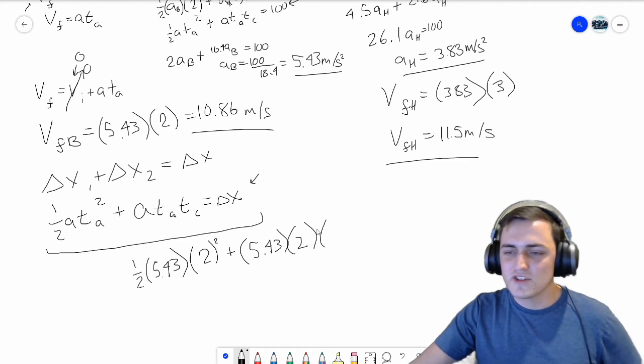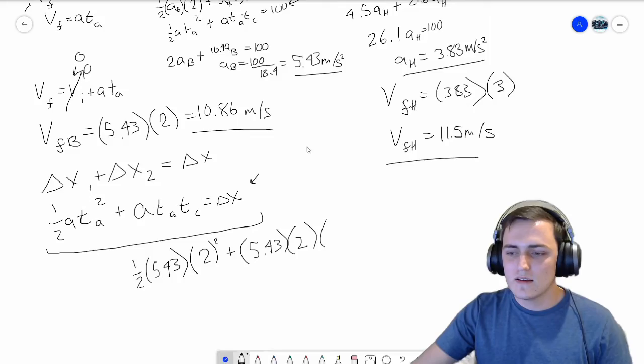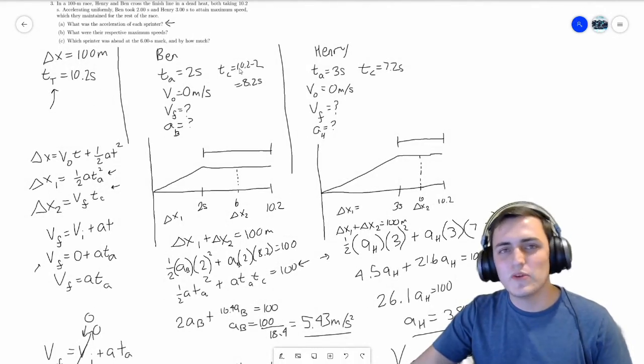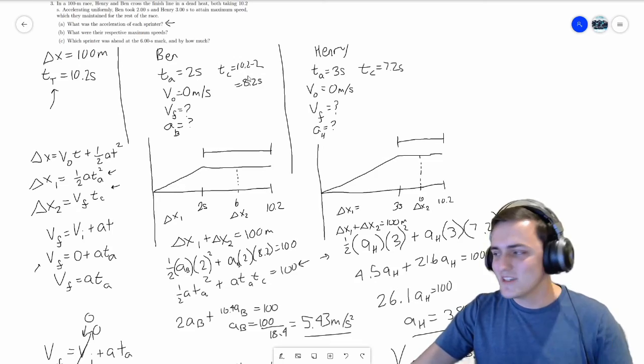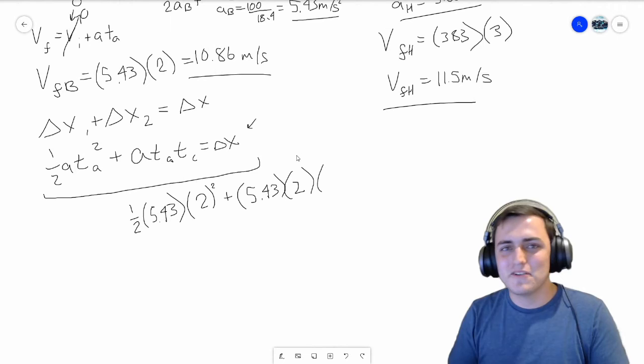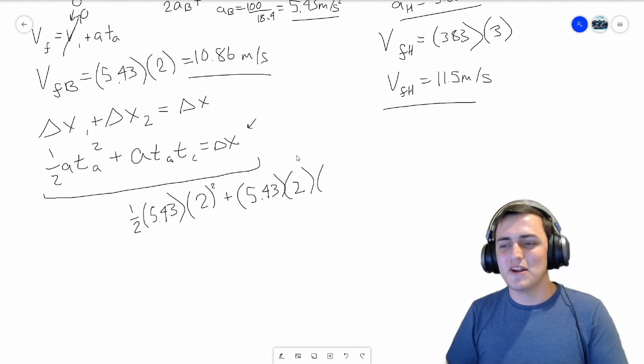Now here's where it changes. Remember last time, our t of c was 10.2 minus 2. But for this problem, we can't use 10.2 because they're not running for 10.2 seconds anymore. Now they're only running for 6 seconds.